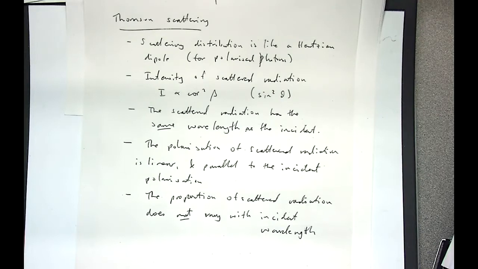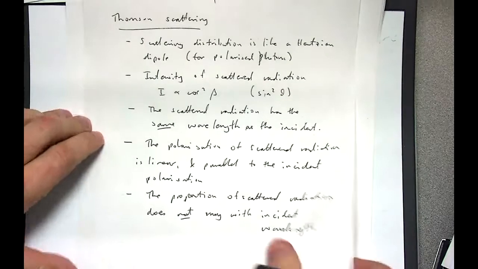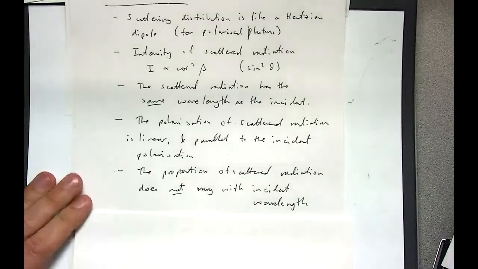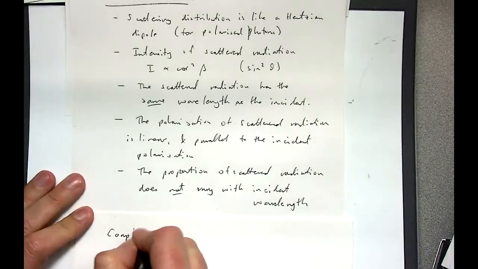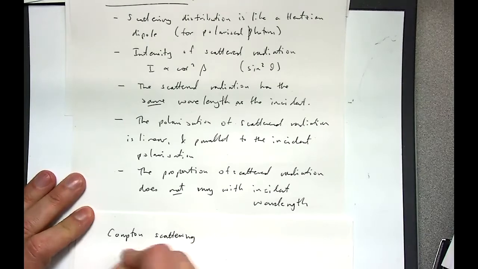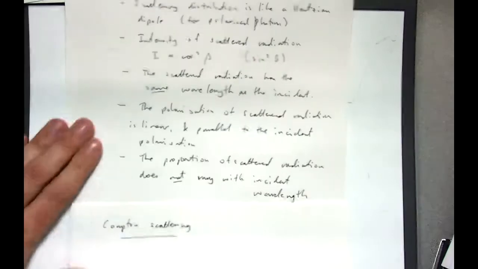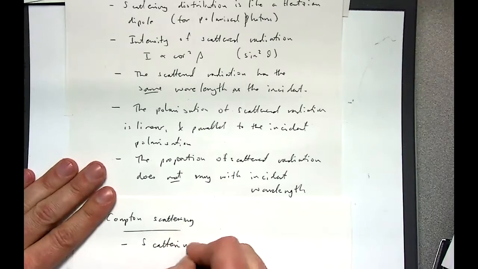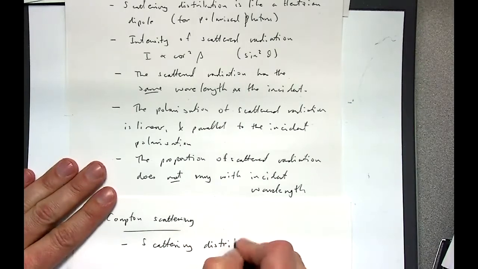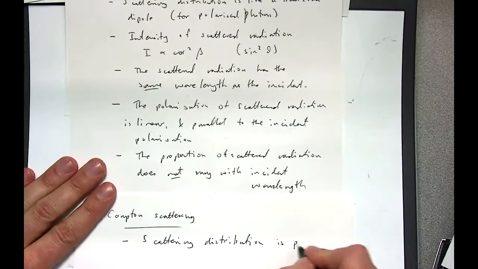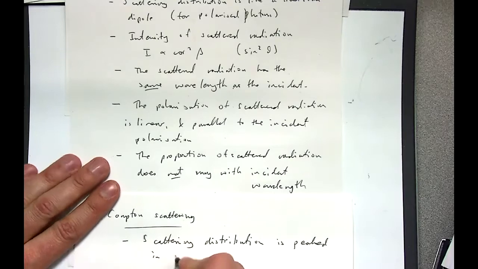And remember that it's very interesting to relate this to the situation where the photons do carry momentum, which is Compton scattering, where they carry significant enough momentum to transfer it to the electrons. And then we have the following differences. The scattering distribution, in other words, which way the photons go and how many, clearly because of conservation of momentum, is peaked, as it's called, in the forward direction.